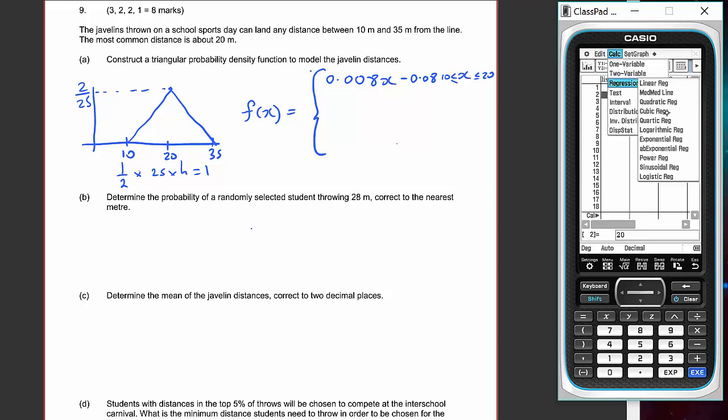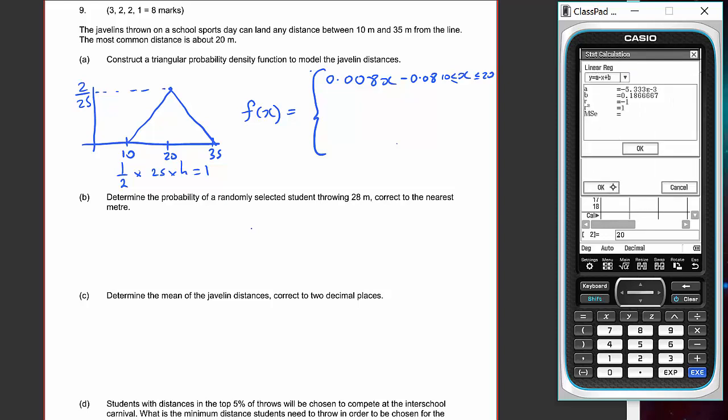So we'll calc, regression, linear regression, click OK, and that will give me negative 0.053 recurring x plus 0.186 recurring, and that's for x between 20 and 35, and then 0 otherwise.